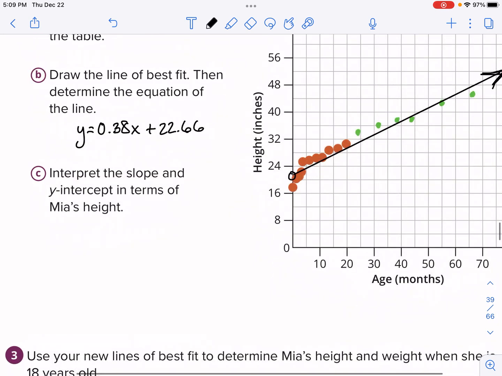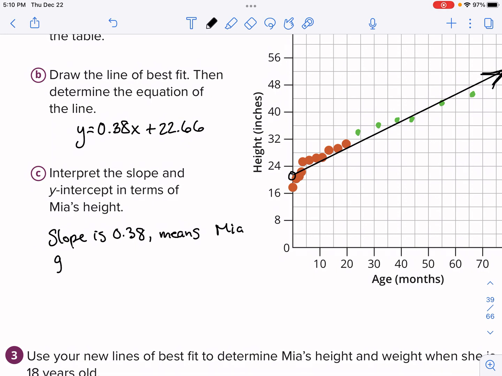So let's interpret that before we get to any other calculations. The slope is 0.38, 38 hundredths, which means Mia grew this amount in terms of inches every month.